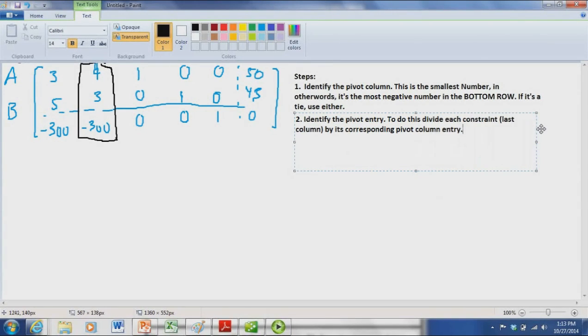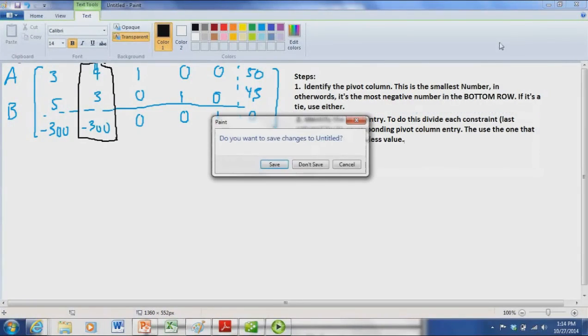Find that, and then use the one that ends up with the smallest value. Let me show you what I mean by that.